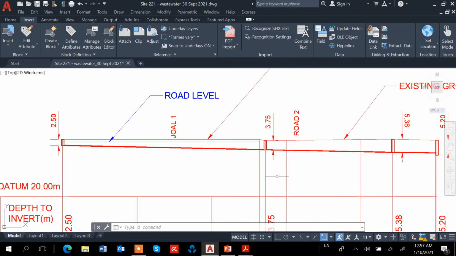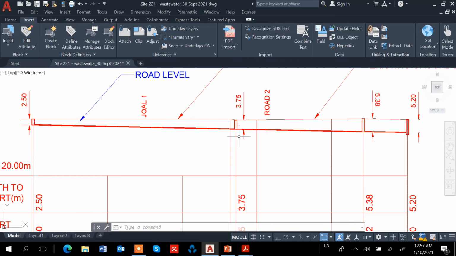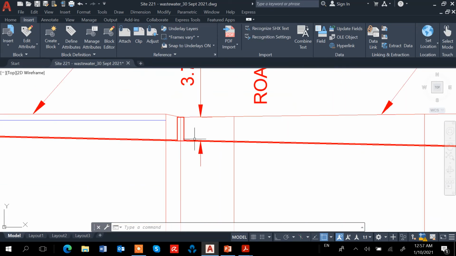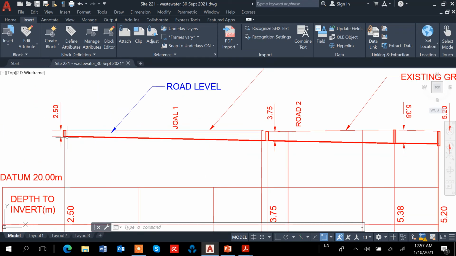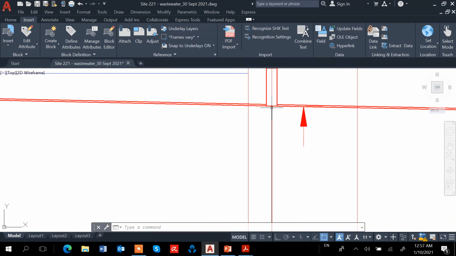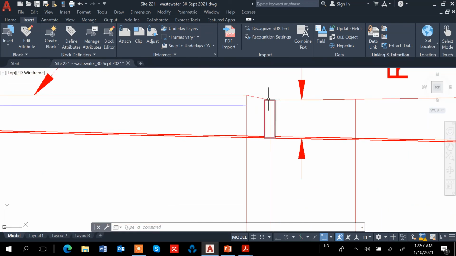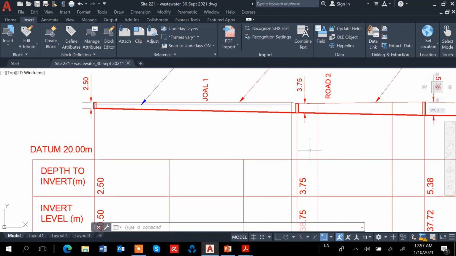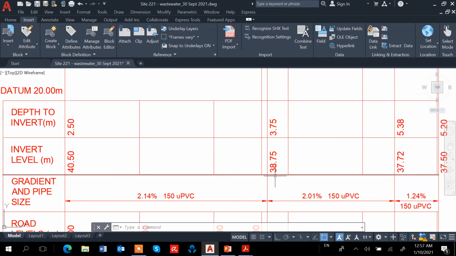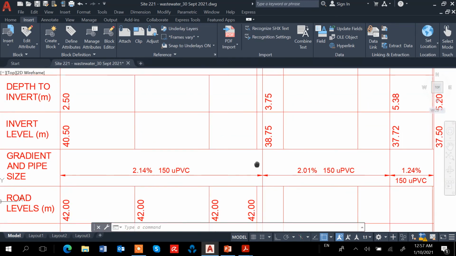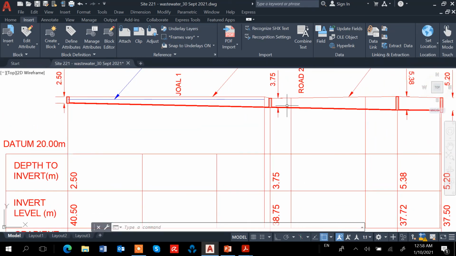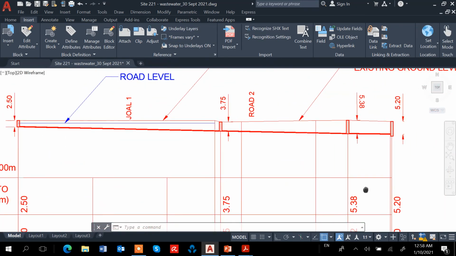So what I do is that my diameter of the manhole is 1.05, and the height I just measure from here, each one, from this point at the bottom until the top of the surface. So I just measure. Like this one is 3.75. Each is measured already. This one, the dimension is the same thing. 5.3 is the same thing.